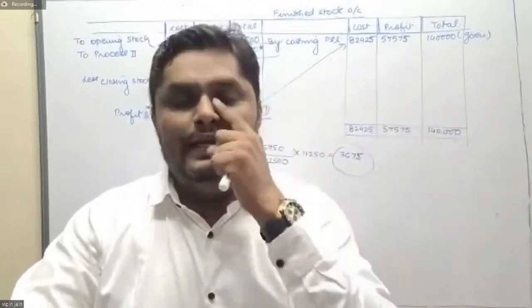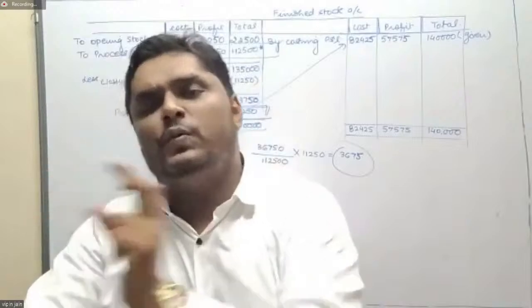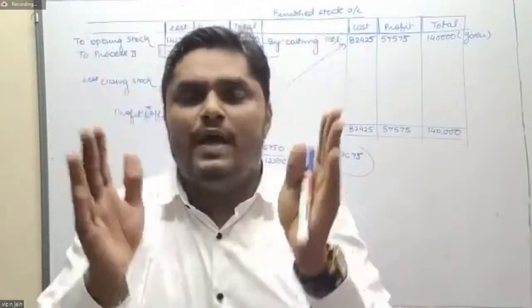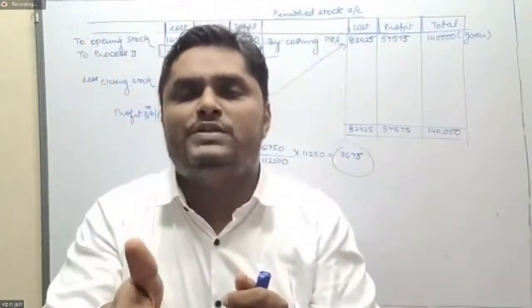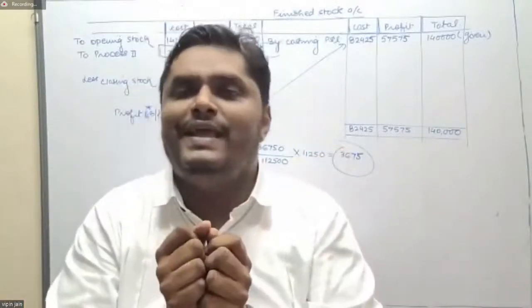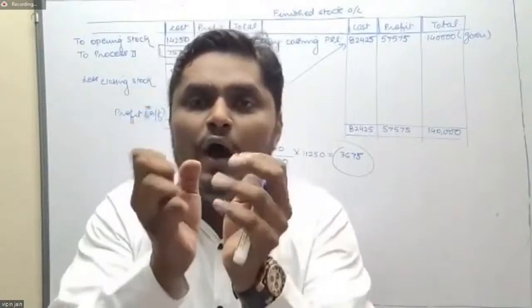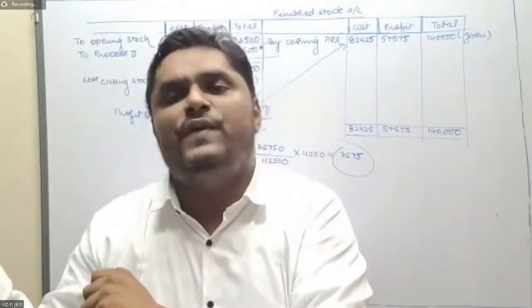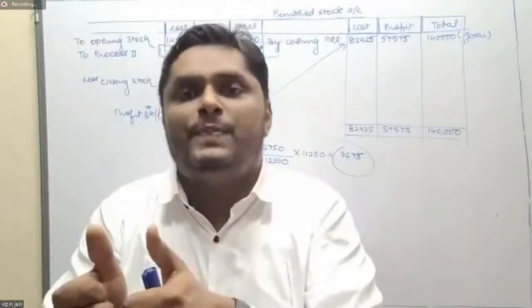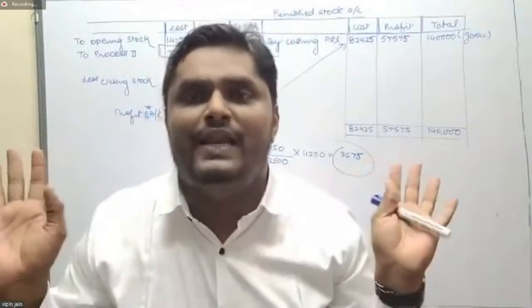See, it is given that the output of process first is transferred to process second. So process first is the basic process wherein no profit is involved. They are just taking the input of raw material, doing further processing, and thereafter the output of process first is transferred to process second at cost plus profit. So as far as process first is concerned, there is no profit element involved.